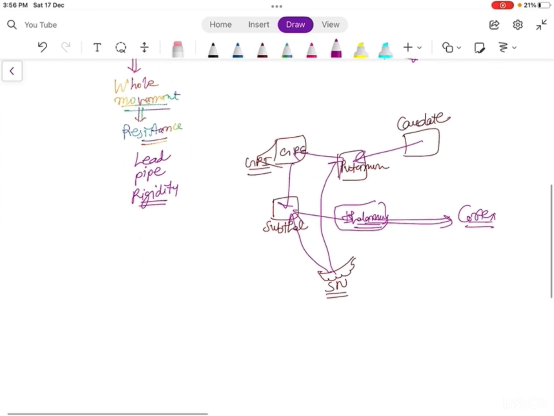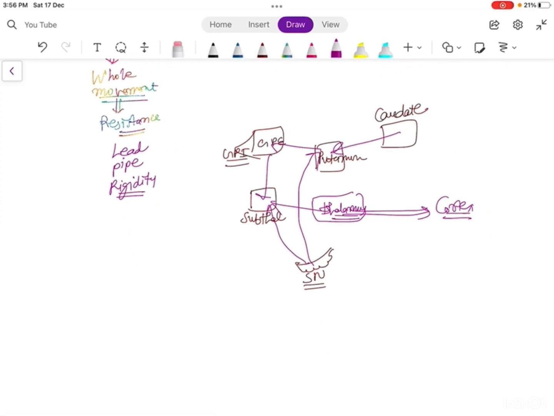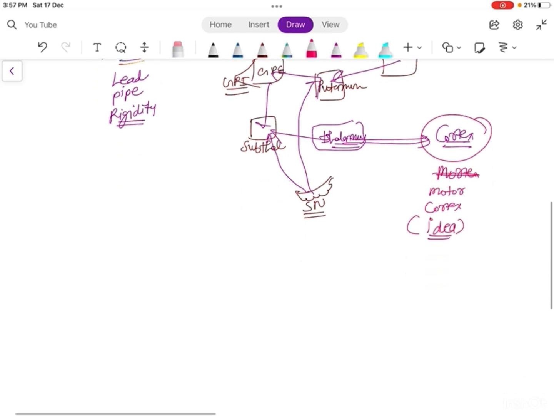So what is tremor? First let's discuss the main physiology of movement. The idea of any movement comes first in our brain cortex, meaning the motor cortex.